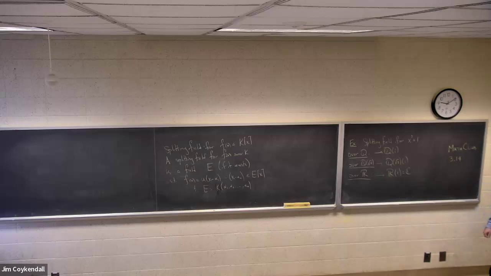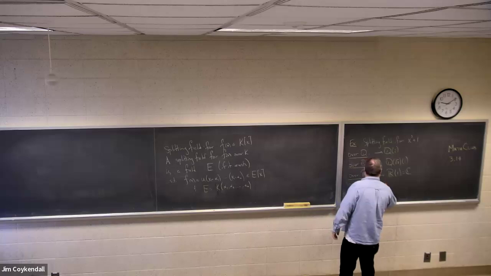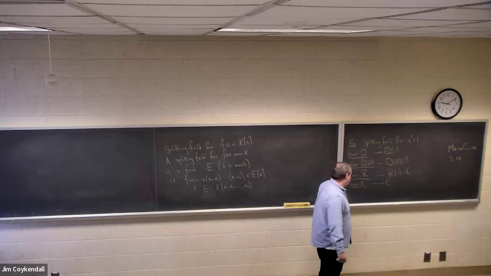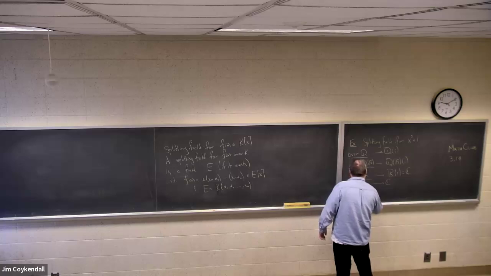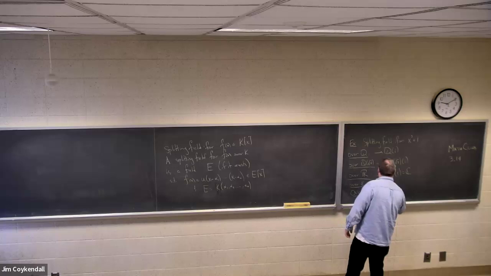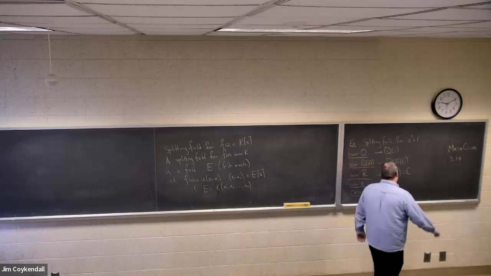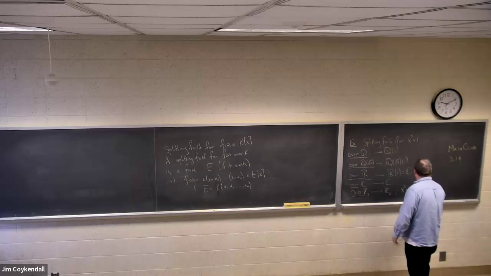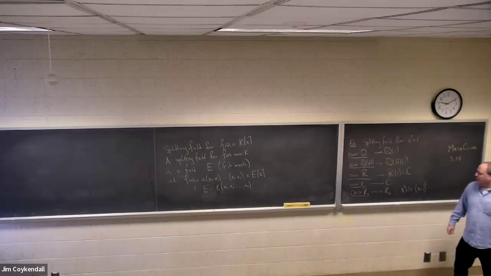The splitting field for this over the reals is C, because x squared plus 1 already splits into linear factors over C. And over Z2 it's Z2, because it already splits into linear factors here.